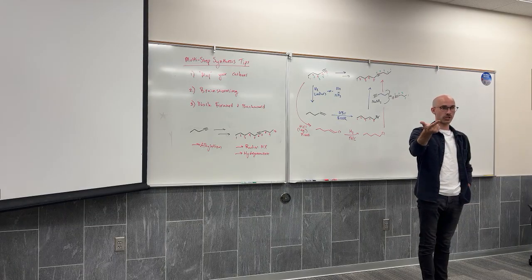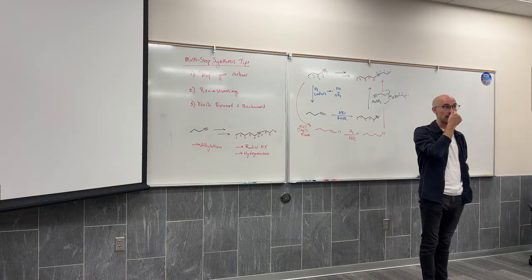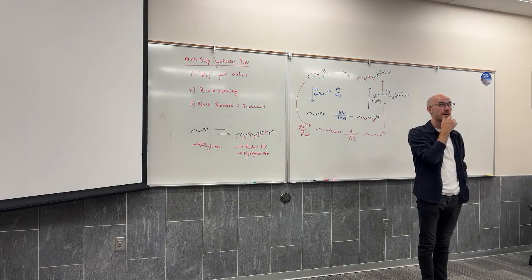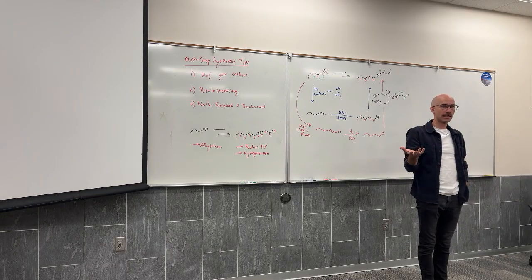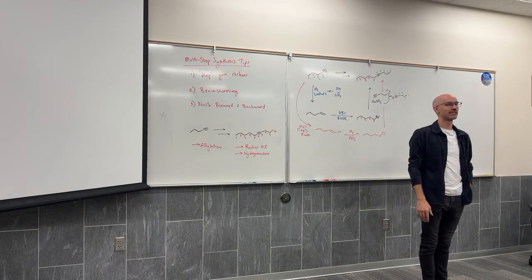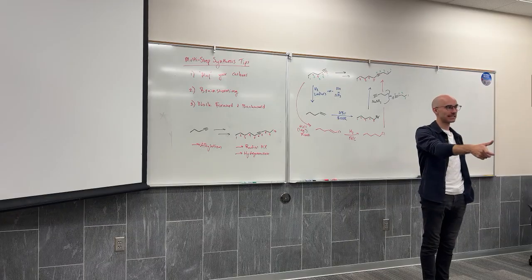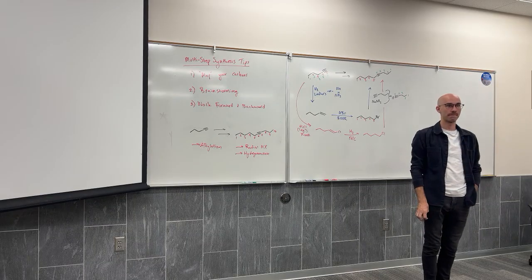Look for anti-addition, wedge and dash, or syn addition, 2 wedges. Yeah? So I don't want you to memorize how to do it, but that is kind of the process. You should be able to make that step without having to show the mechanism for it.